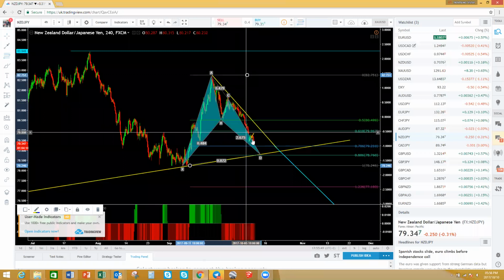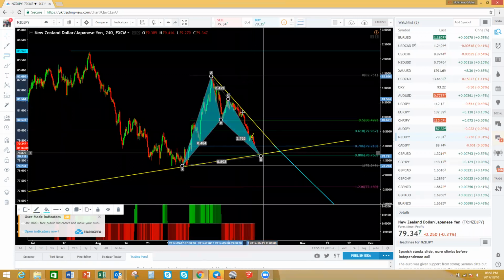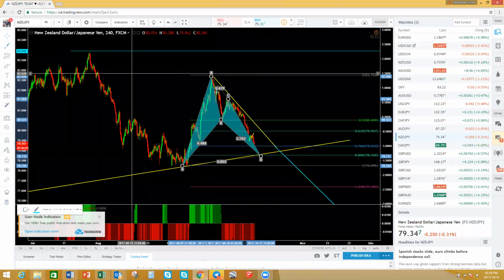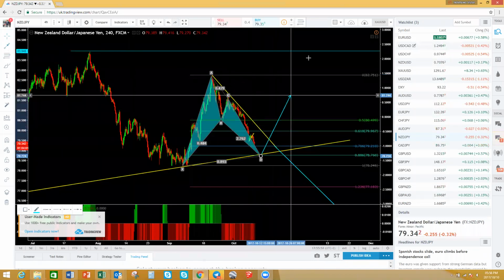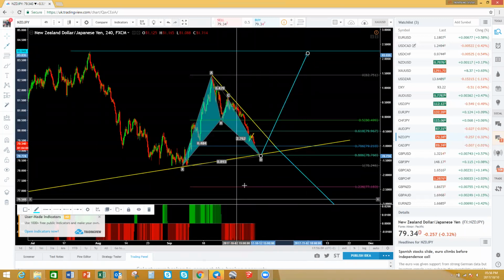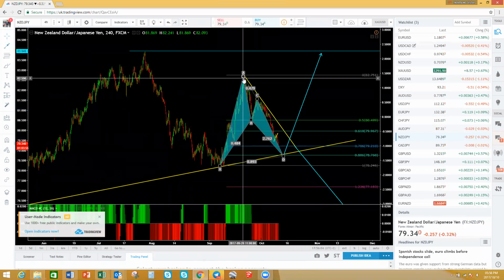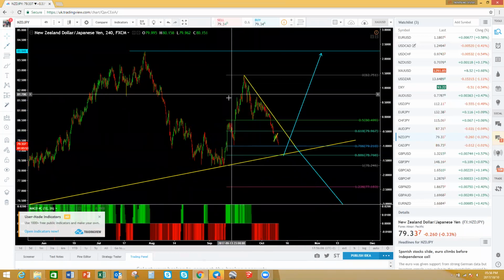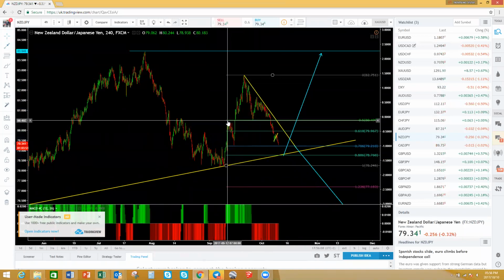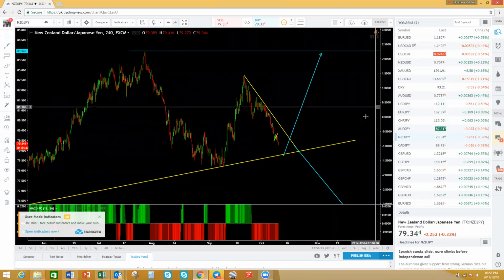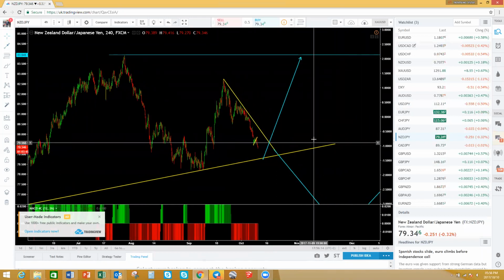You can see right at the 88. And this is a Bat. 50%. We know there. So around the 50% area, New Zealand JPY, you'll be buying around this area. Okay. Easy like that. Just using patterns and Fibonacci. That's New Zealand JPY.